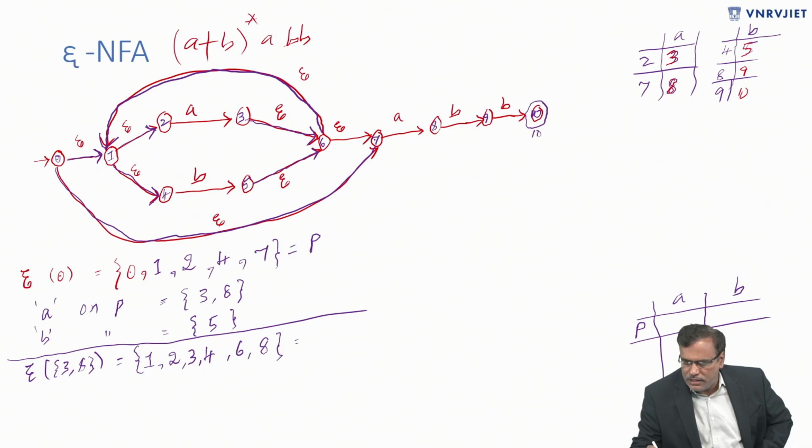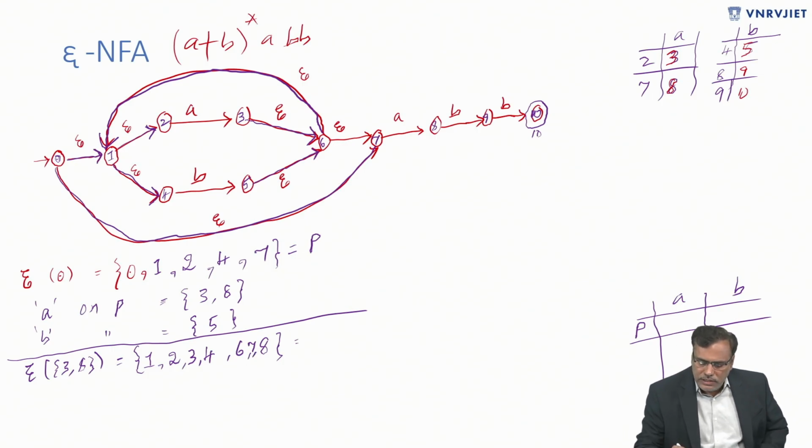Therefore, this 7 must also be added. I think you have understood this. See, first you are finding epsilon closure of 3, 8. 3 and 8 were already added. From 3, you can go to 6. From 6, you can go to 7. That is the reason you are supposed to add it. And also from 6, you can go to 1, 2, 4. That is the reason 1, 2, 4 were added. From 6, you can also go to this 7. Therefore, this 7 also can be included.